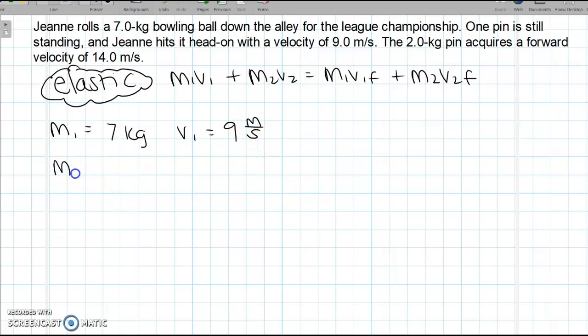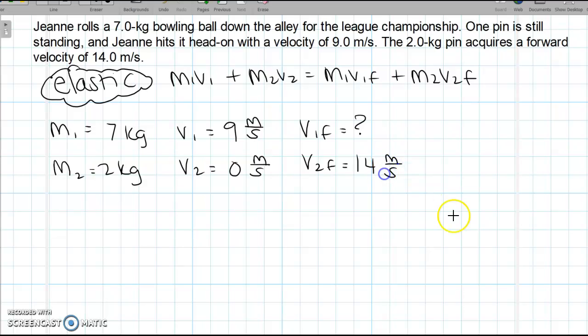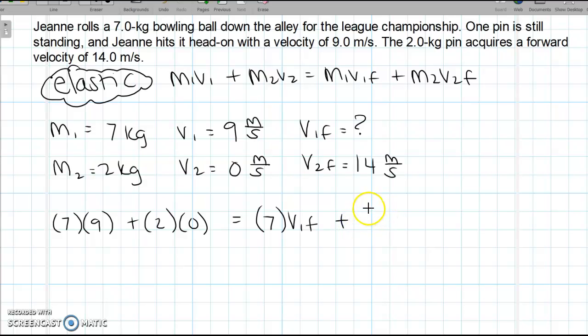Okay, so M2 is equal to the pin, which is 2 kilograms, and originally this pin is at rest. All right, and we're trying to solve for the final velocity of the bowling ball, and the final velocity of the pin was 14 meters per second. All right, so let's plug it in. So 7 times 9 plus 2 times 0 is equal to 7 times V1F, which we don't know, we're trying to solve for, plus 2 times 14.